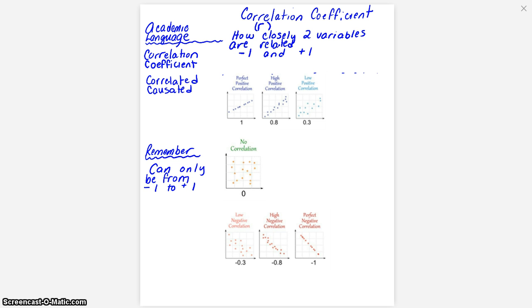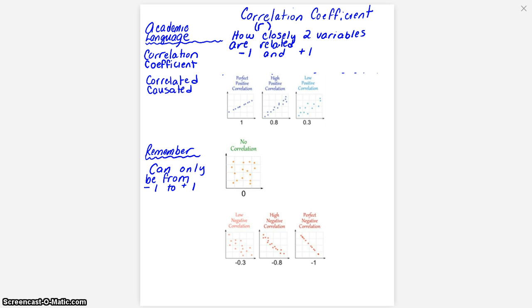Now, here's what's really confusing. -1 does not mean they are not correlated. -1 means that they are perfectly correlated, but the relationship is negative, like a negative linear relationship. A +1 means that two things are perfectly correlated positively.